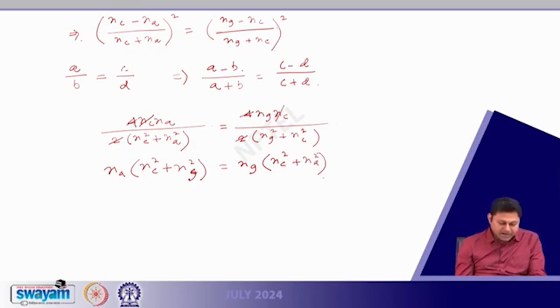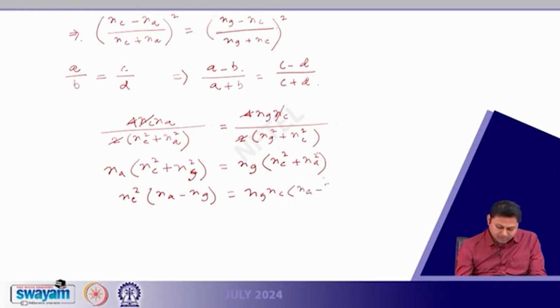So, that gives us an expression. If I manipulate this, it should be Nc square. If I take Nc square common and put it here, then it is Na minus Ng, that is equal to Ng Nc, Na minus Ng.